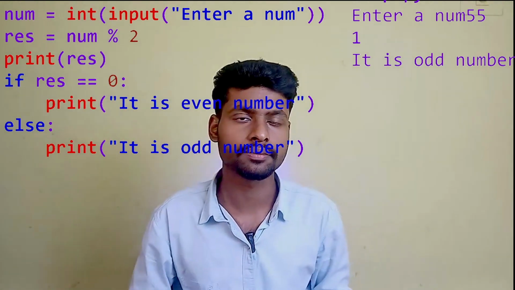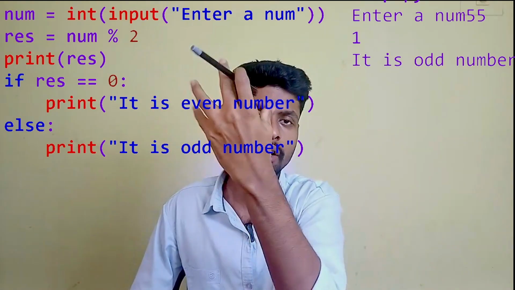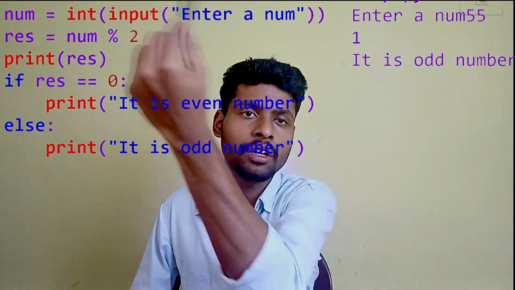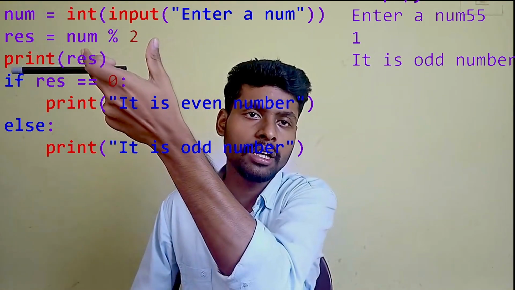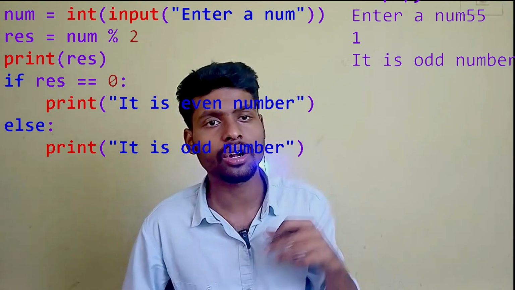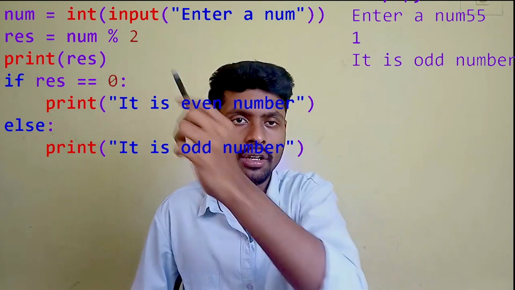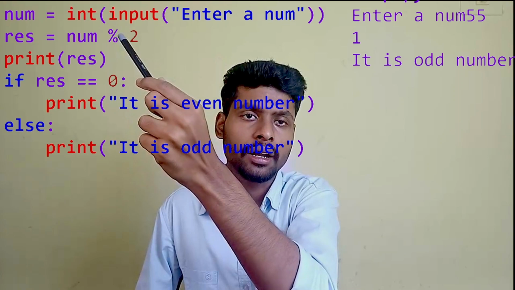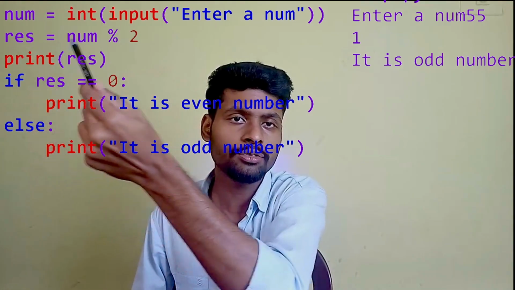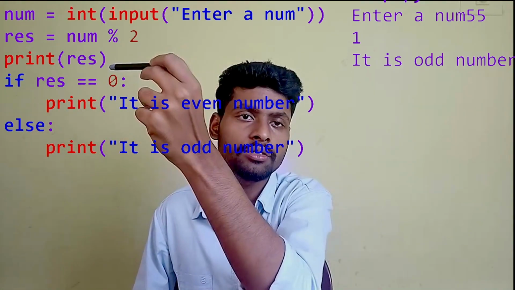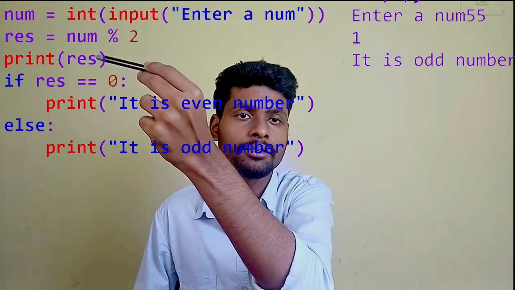Let's test this code. First, we get the input value assigned to this number. Then we give a condition using a modulo operator, calculating the remainder value. Once calculated, the remainder value is assigned to the rest variable. Here we are printing the rest value, that means the remainder value.